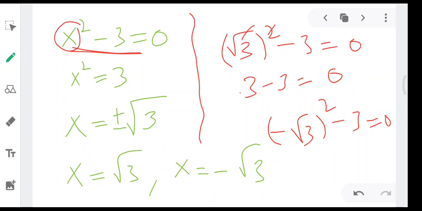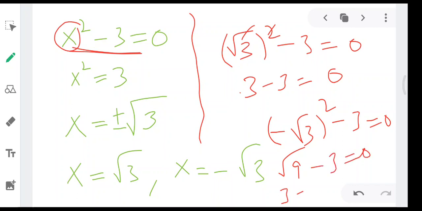So minus root 3 square is plus 3. Here you don't go directly; first square it, the sign becomes positive. So minus root 3 square becomes root 9 minus 3.